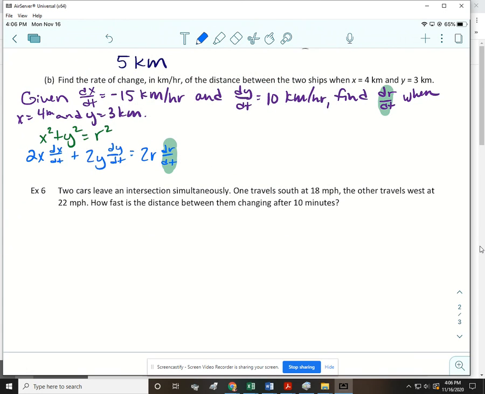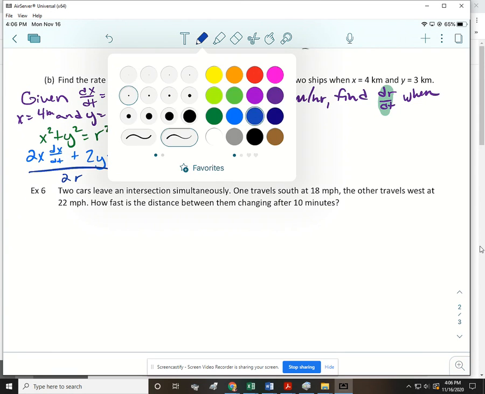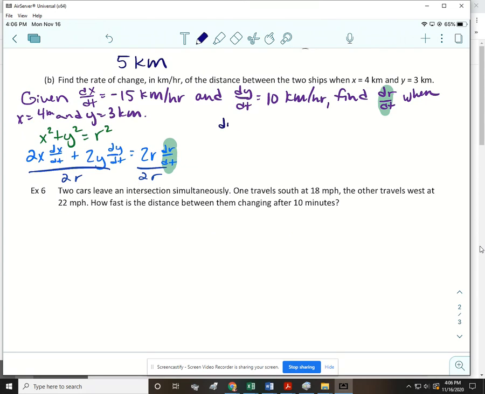So we would solve that for dr/dt by dividing by 2r. And I'm going to go ahead and divide through by that 2. You don't have to, I just like to do it.